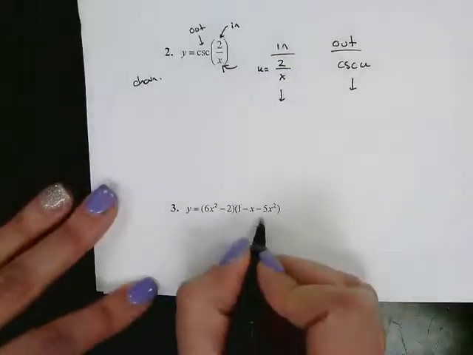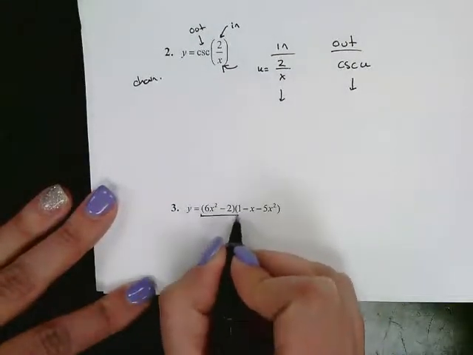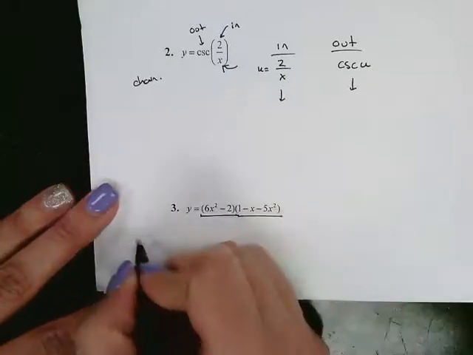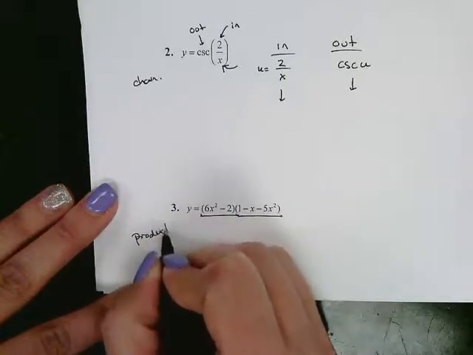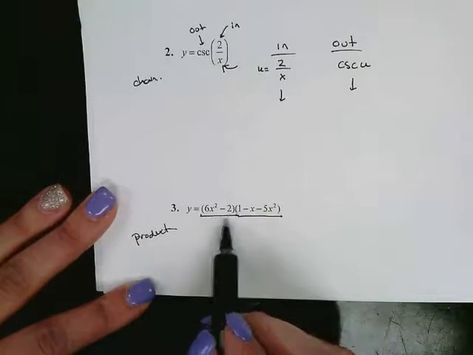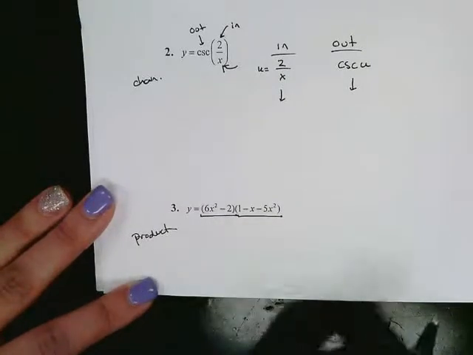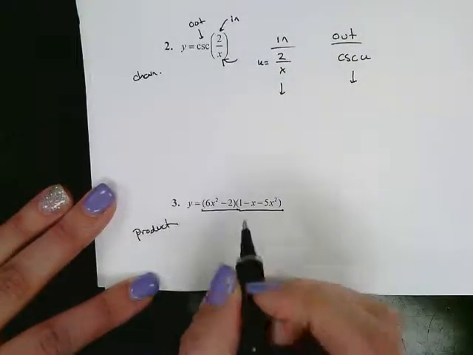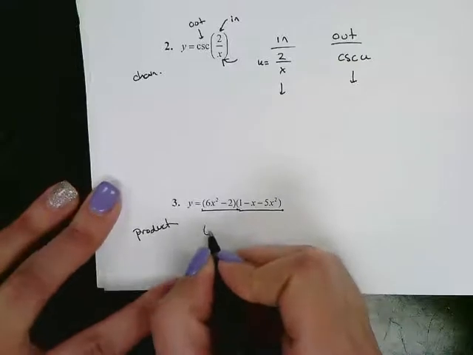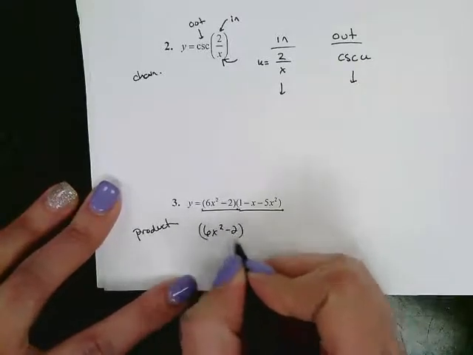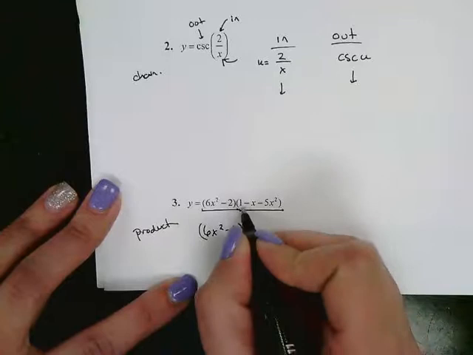Alright, for this one, what would we use? It's the product rule, because it's two things being multiplied together. So product rule says you take the first part as it is, and you multiply by the derivative of the second part.